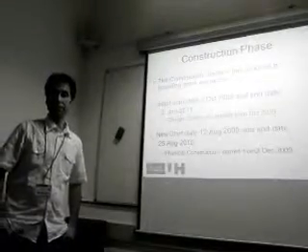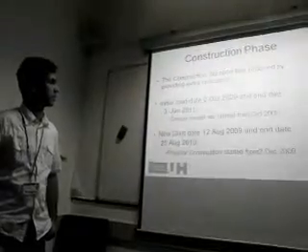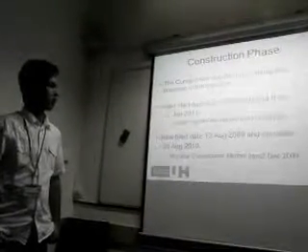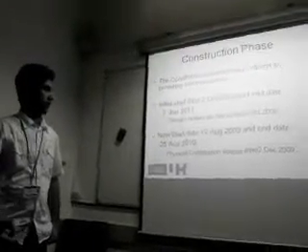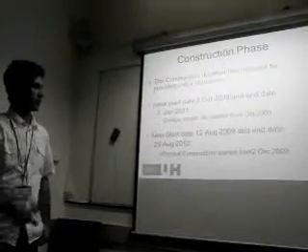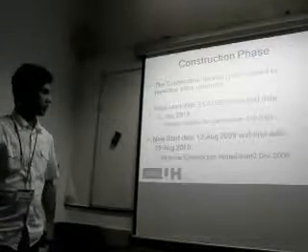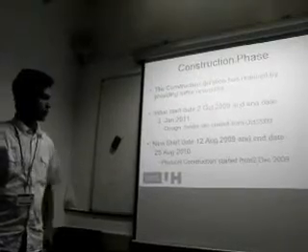So the basic change which happened in the construction phase: the initial start date of the construction was 2nd October 2009 and the end date was 3rd January 2011. Basically the design, tender and architect work started from October 2009. But according to the new plan, the start date is 12th August 2009 and the end date is 25th August 2010.